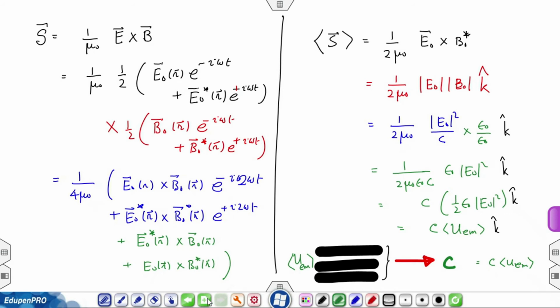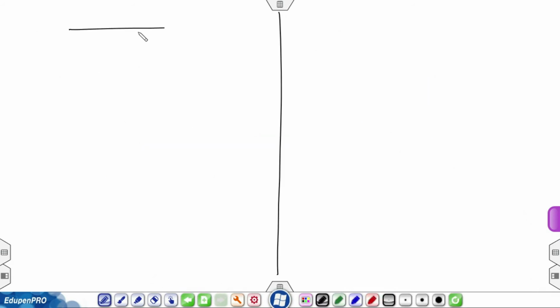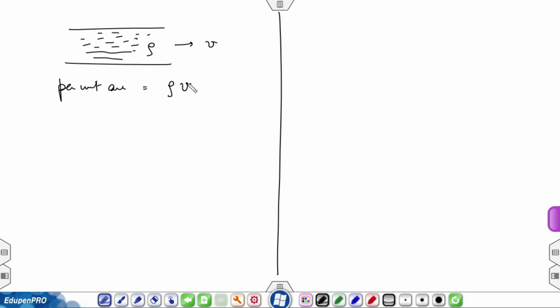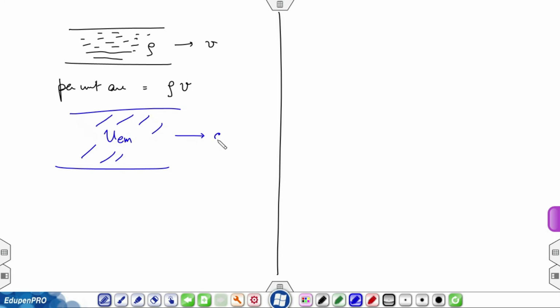So, just to draw an analogy, if in a pipe you have fluid of density rho flowing with the speed v, per unit area the fluid that flows is rho v. In exactly the same manner, all over the space I have u EM energy density and it's flowing with speed c.